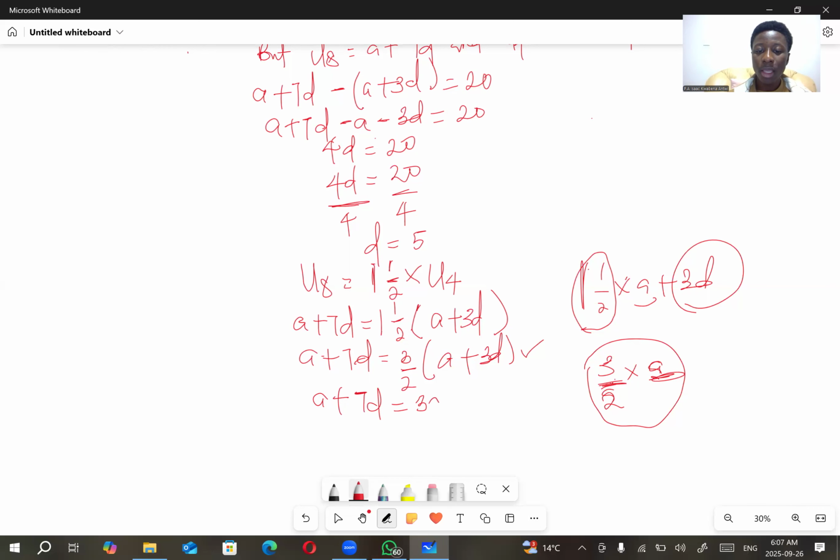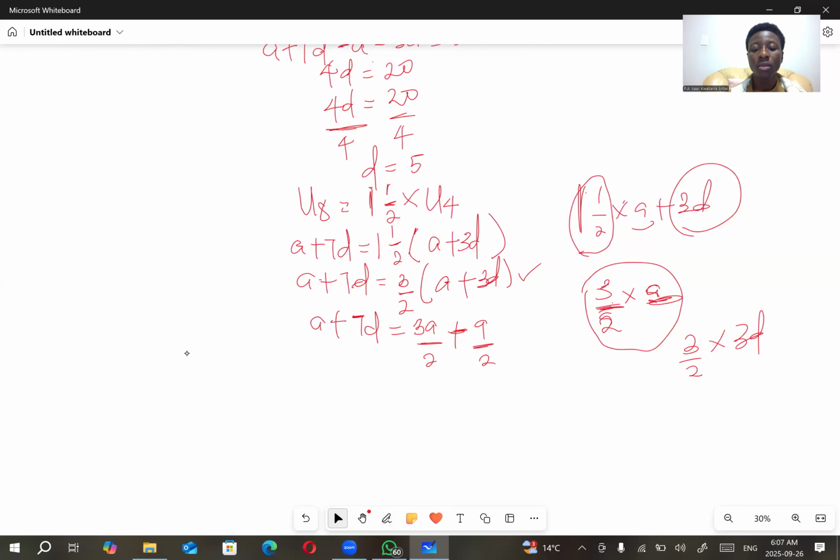So it's going to be 3A over 2, not 3A over 2A. Plus 3/2 times 3D. That'll be 3 times 3 is 9, 9 over 2. Can I continue?